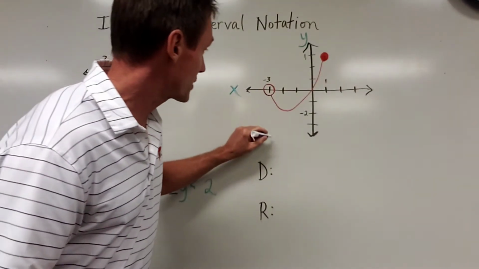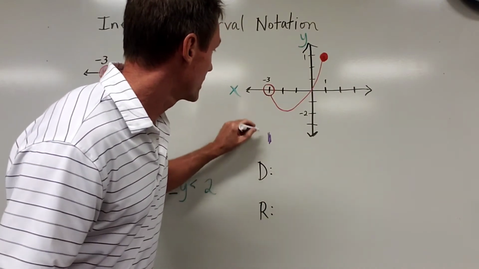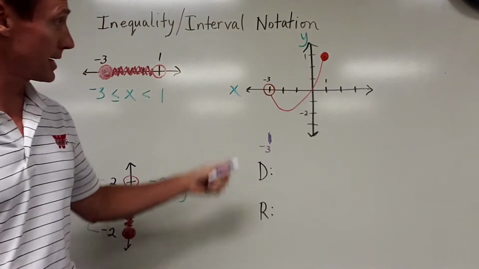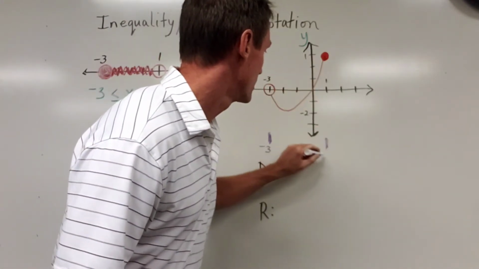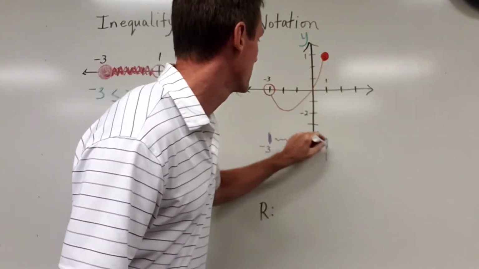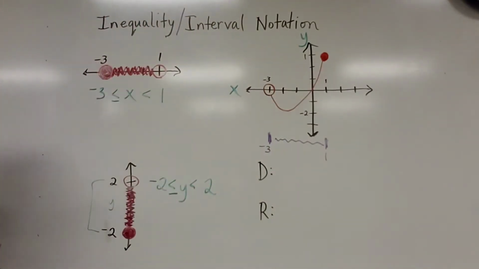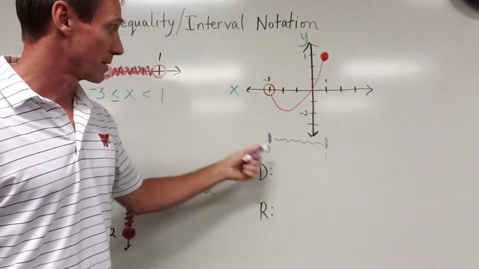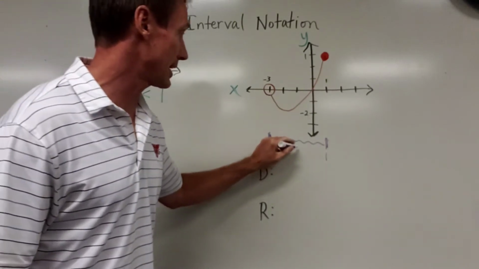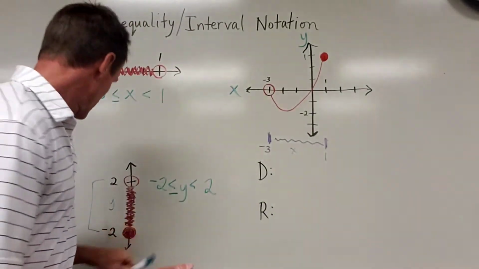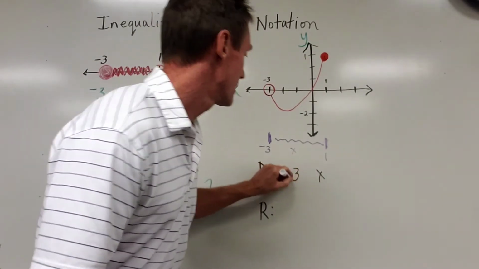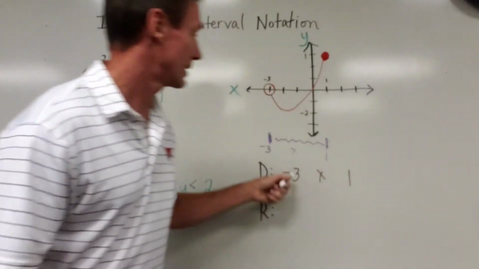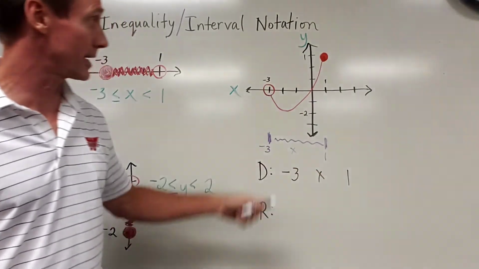My x values on this graph go from -3 all the way across to +1. Okay, so it's nothing different than what we did on these first two examples. My domain, again, being x, we will write -3 is my smallest, 1 is my greatest.